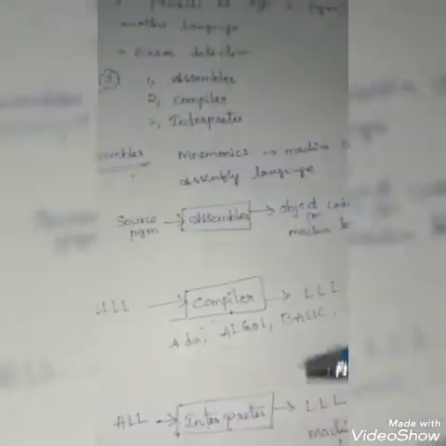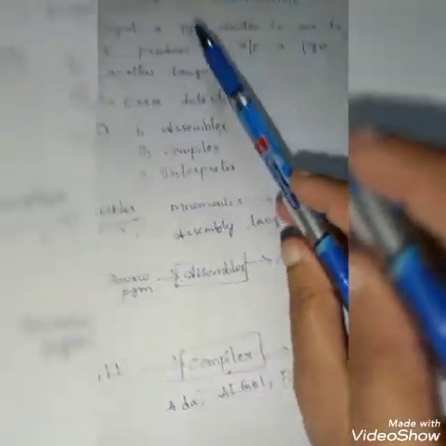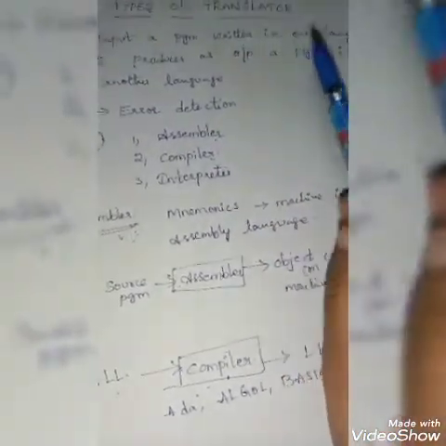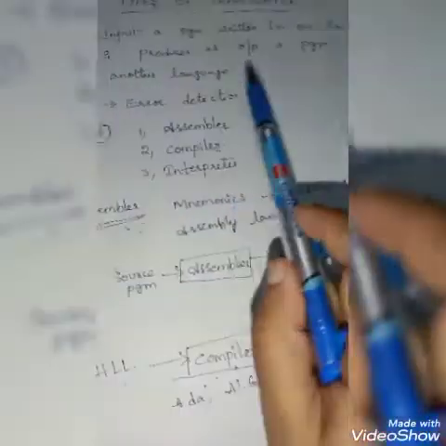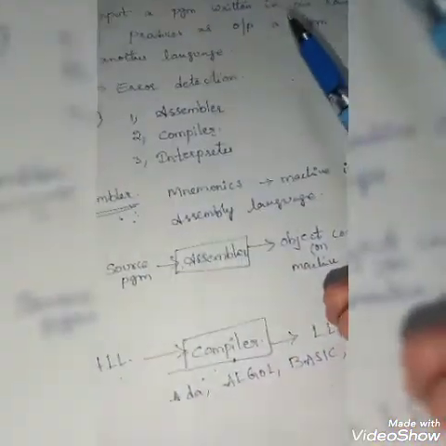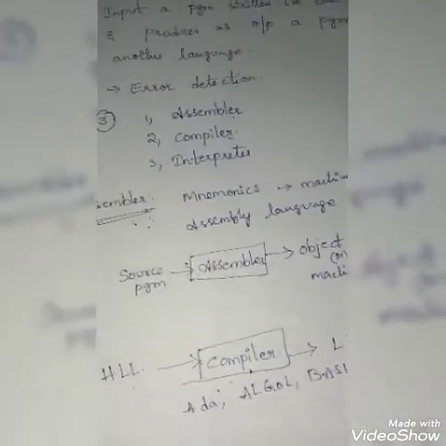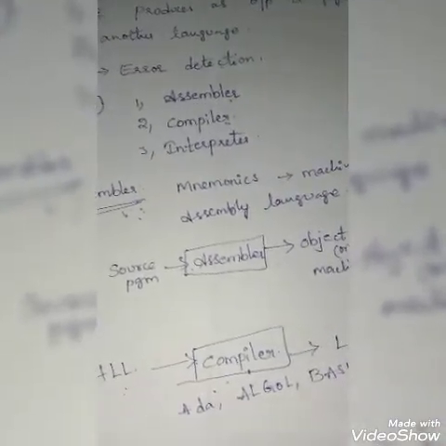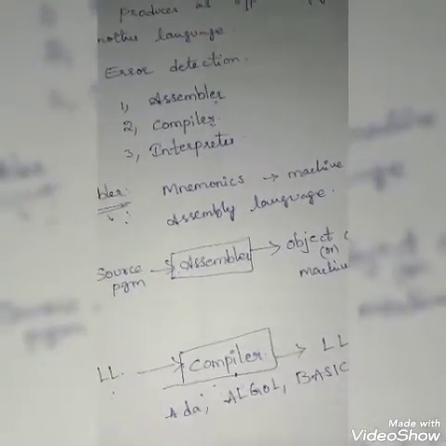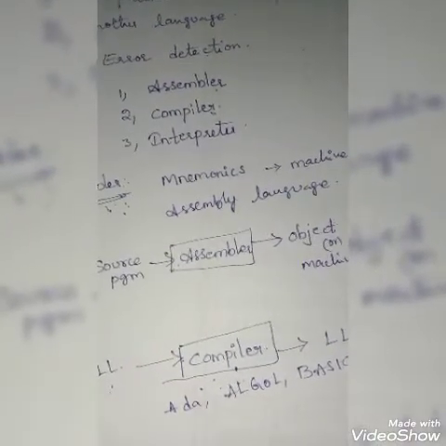So these are the types of translators. A translator is a program which takes as input a program written in one language and produces as output a program in another language. We can take a simple example: if there are two friends and one of them knows only Marathi and the other friend knows only Telugu, whatever the Marathi friend is speaking should be conveyed to the other friend.